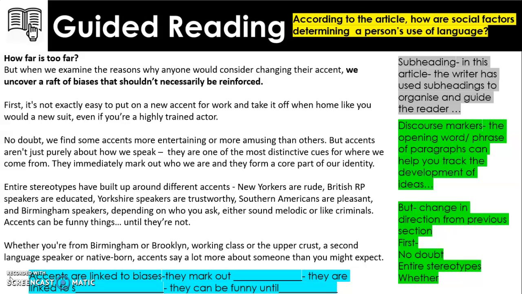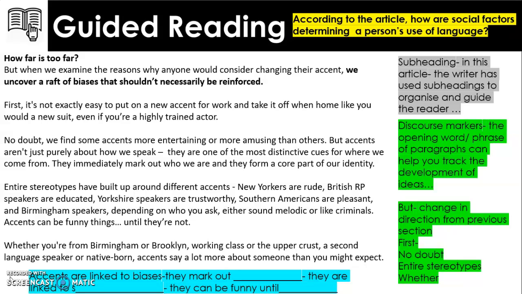Okay, and this question, how far is too far, not only works to just break up the article, but also to suggest a shift in approach, in ideas. So we've got this interrogative headline, how far is too far? And then it goes on to say, but when we examine the reasons why anyone would consider changing their accent, we uncover a raft of biases that shouldn't necessarily be reinforced.